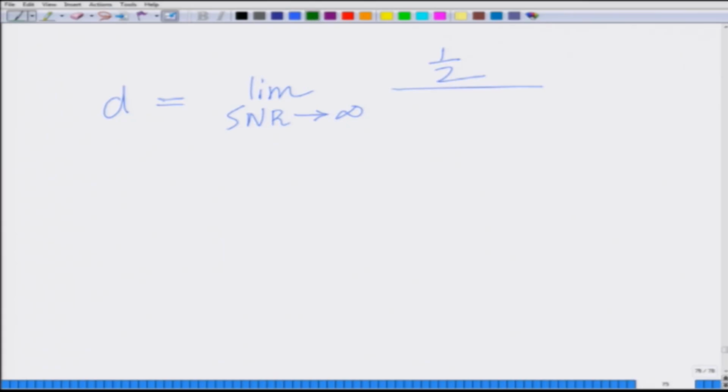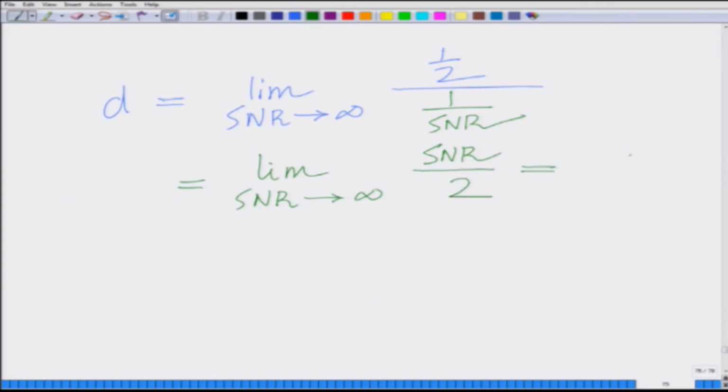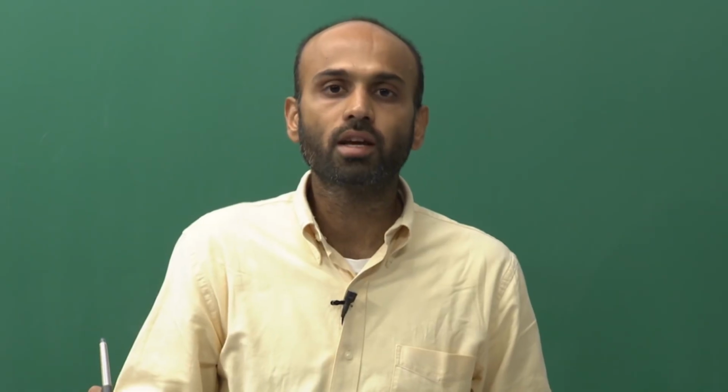On the denominator, I have log of SNR, the derivative of that with respect to SNR equals 1 over SNR, which is equal to limit SNR tending to infinity of SNR divided by 2, which is equal to infinity.